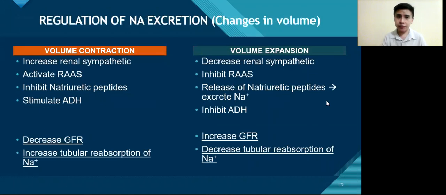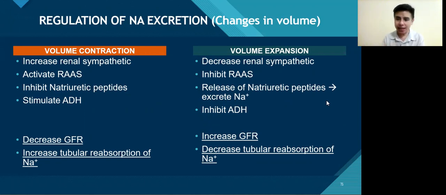Of course, if there are changes in volume, like volume contraction and volume expansion, there will be corresponding changes. RAAS and the sympathetic system will be activated in volume contraction. There will be less GFR somehow and enhanced reabsorption of sodium. We tackled that already in the last video. Volume expansion, on the other hand, will be the opposite.